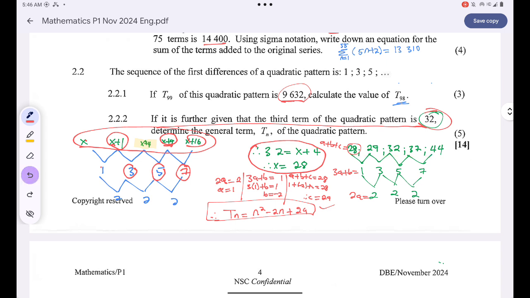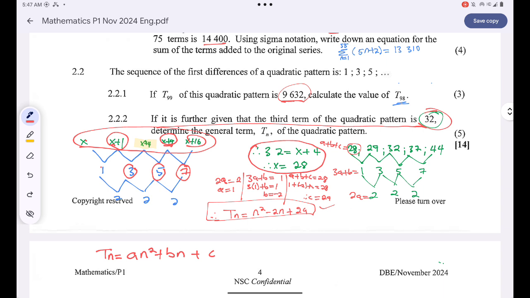Are you together? So now if I have the numerical values of my terms, I can simply find the nth term. For me to find the nth term, remember that this is a quadratic number pattern. I need the value of a, the value of b, and the value of c.